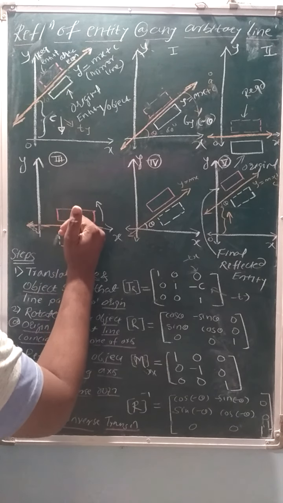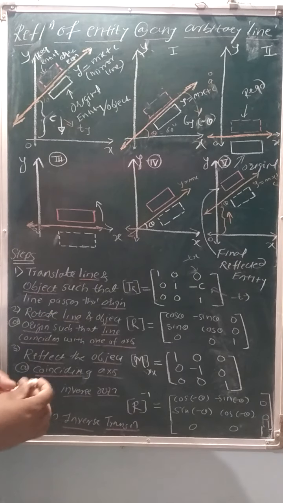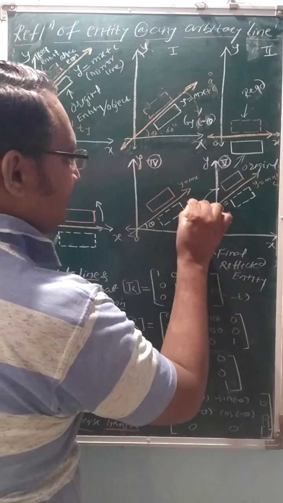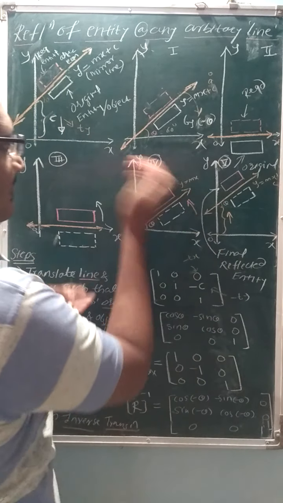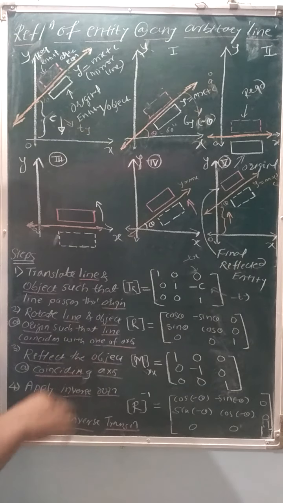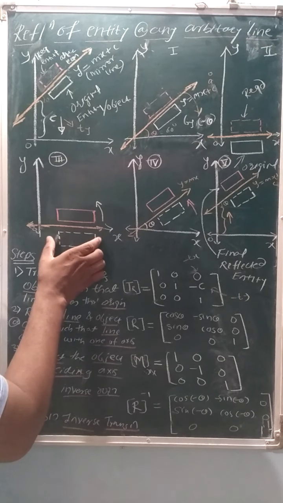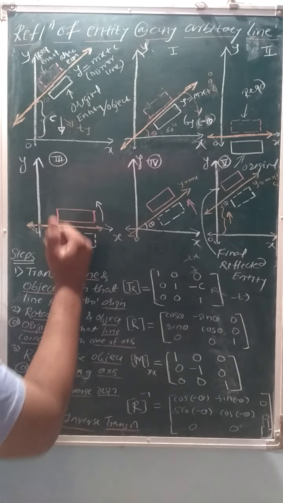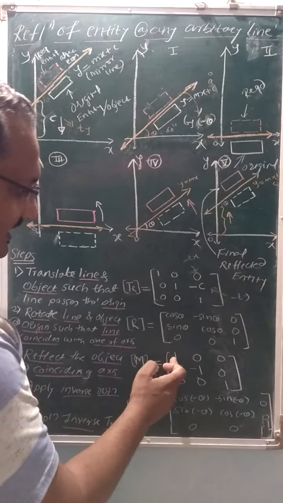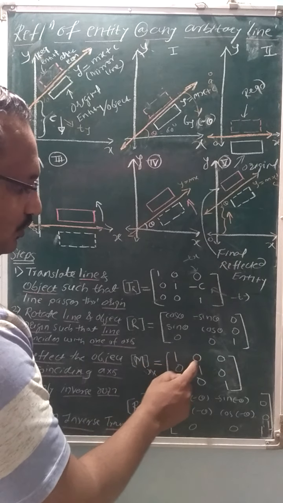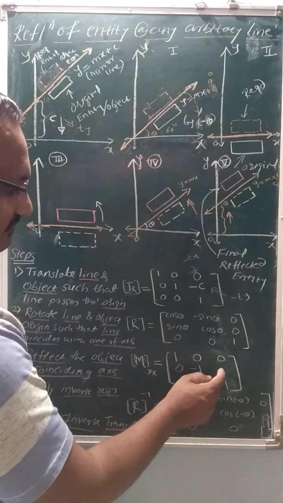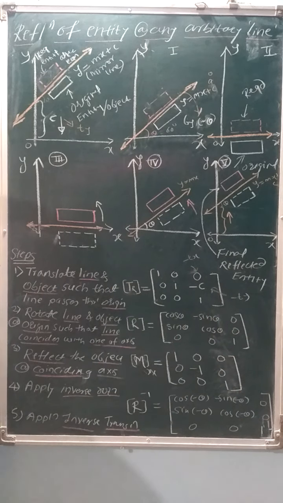While reflecting the image about the x-axis, we know the standard matrix for reflection about the x-axis: 1, 0, 0; 0, minus 1, 0; and 0, 0, 1.